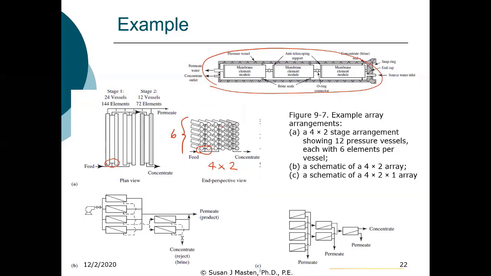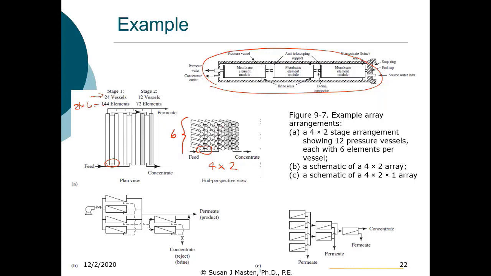We have 6 pressure vessels per bank. So we have 24 vessels. That's where the 24 vessels comes in. So that's for stage 1. In each pressure vessel are 6 elements. So that's 24 times 6 equals 144.